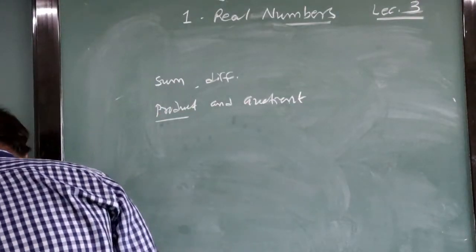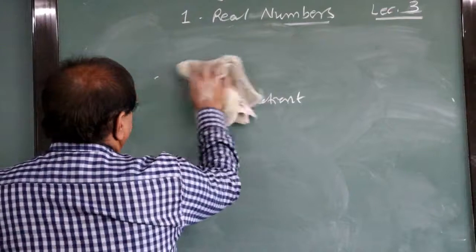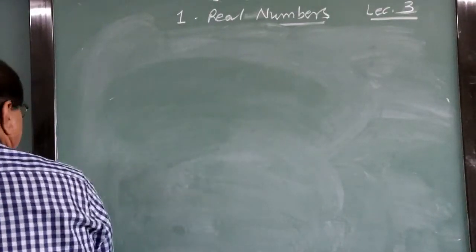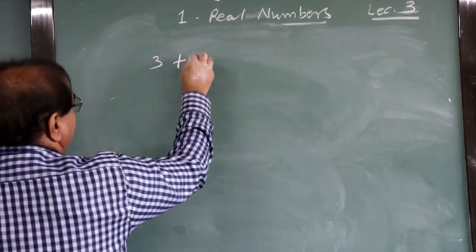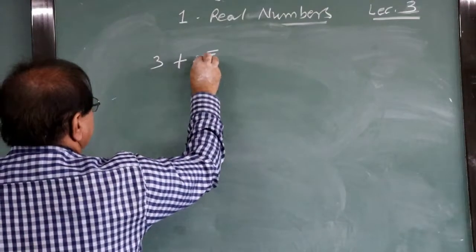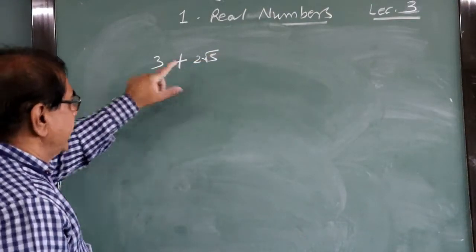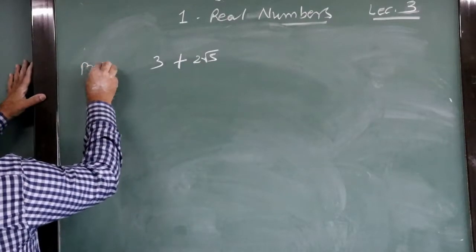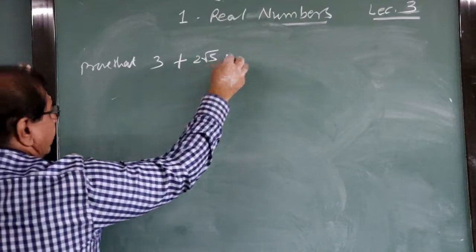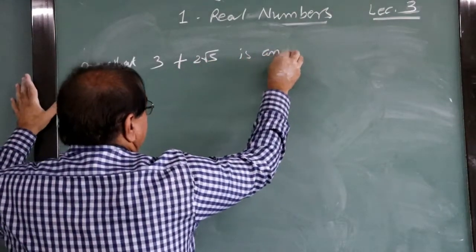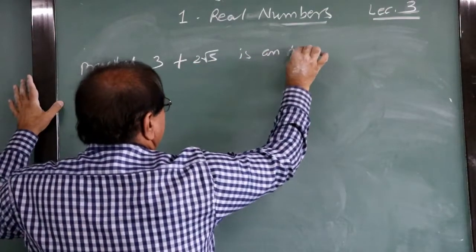So this is the fact that we go for such an example, the sum of one rational and one irrational: 3 plus 2 root 5. We have to prove that 3 plus 2 root 5 is an irrational number.